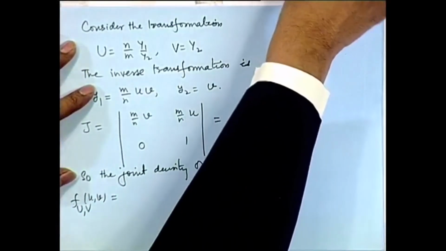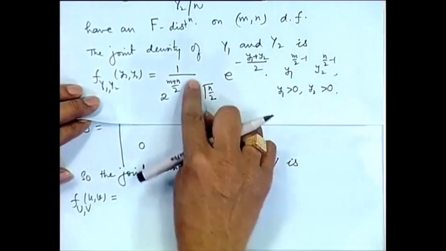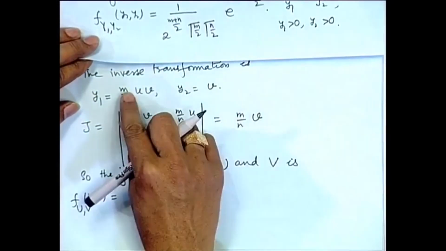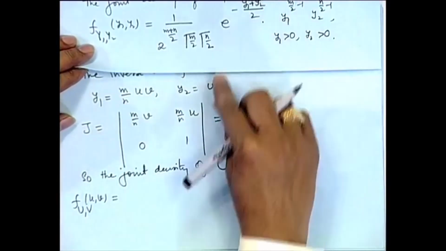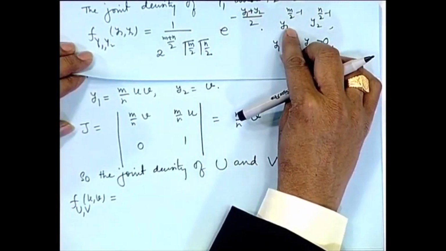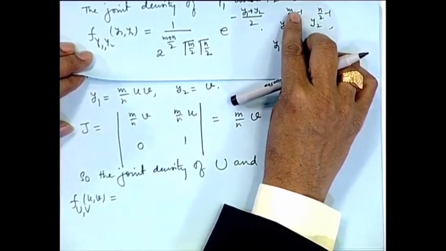now you can observe we are having here this constant term and we will be replacing y1 by m by n u v and y2 by v. So, here the v by 2 term will come out and this will give additional powers of v, while the power of u will be this one only.